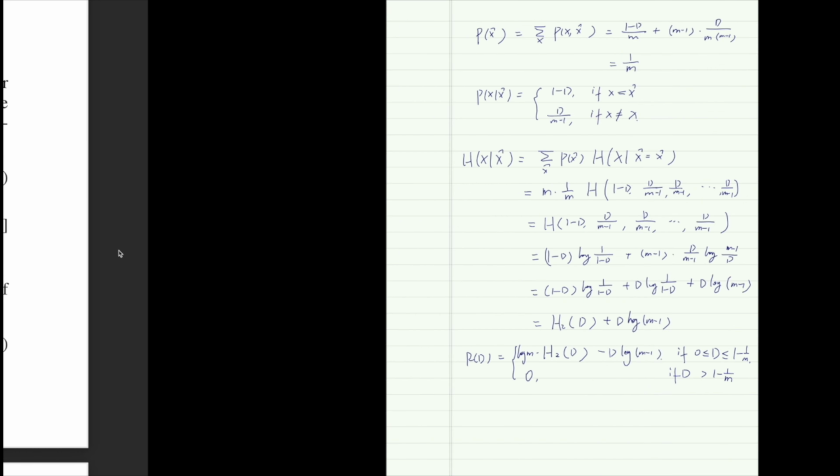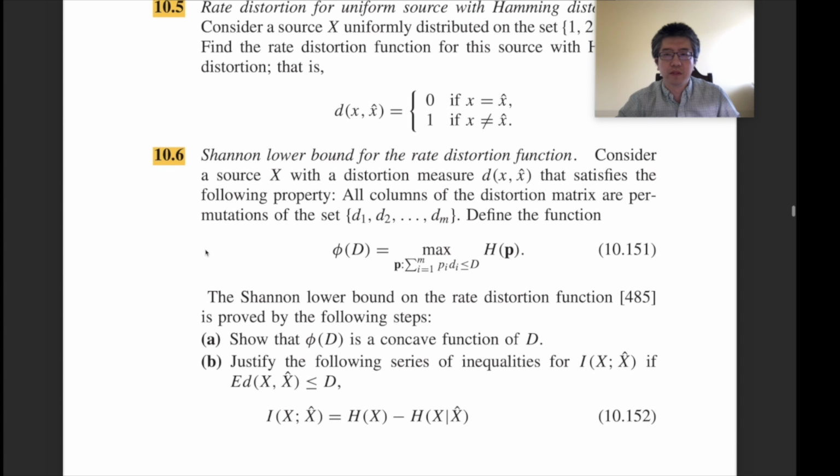Next, let's see our next problem, which is problem 10.6. For this problem, we would like to compute a Shannon lower bound for the rate distortion function, right? So basically, in particular, we consider a source x with a distortion measure, x hat, that satisfies the following property: all columns of the distortion matrix are permutations of the set d1 till dn.